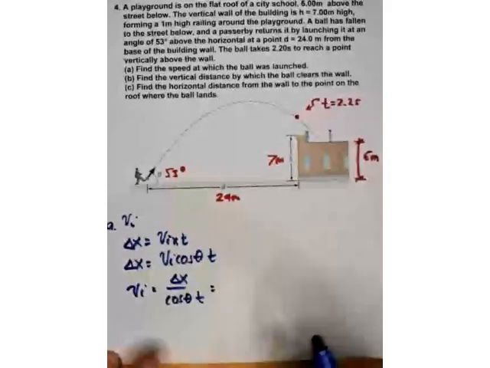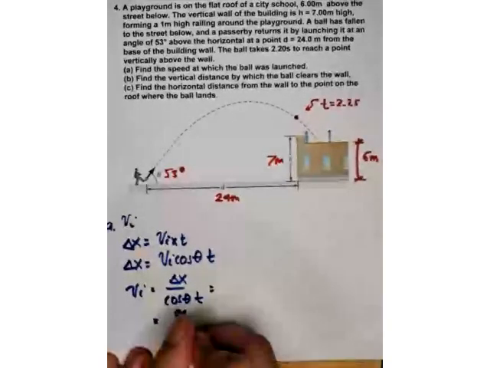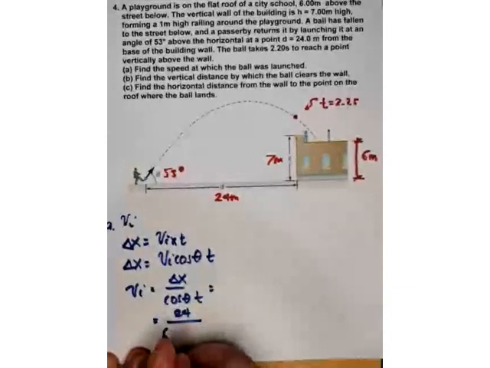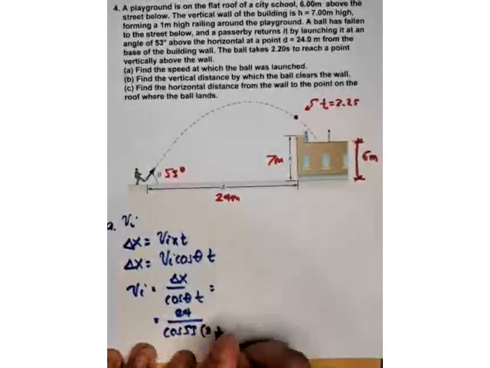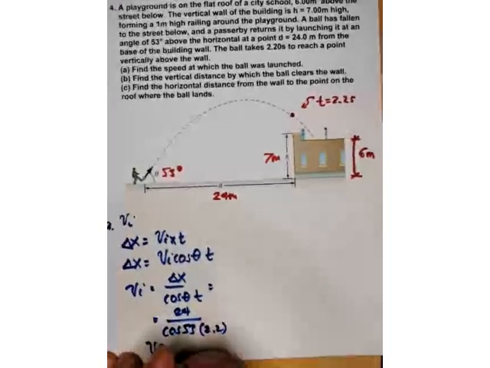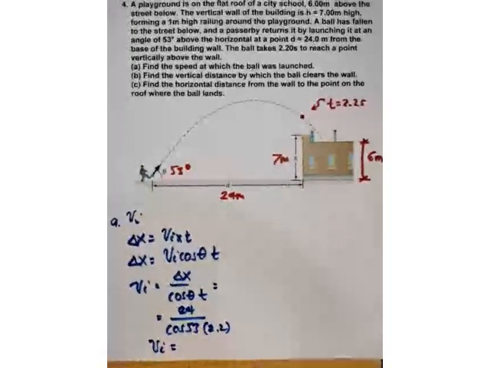So that's equal to delta X is 24 over cosine 53 times 2.2 seconds. So what's our initial velocity? Okay, so what's initial velocity?